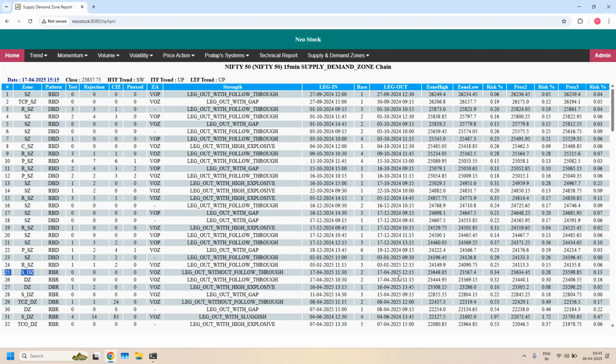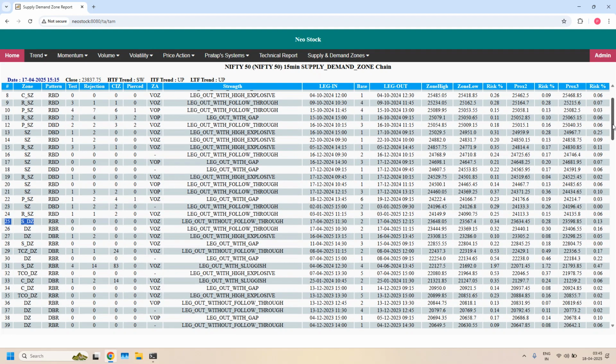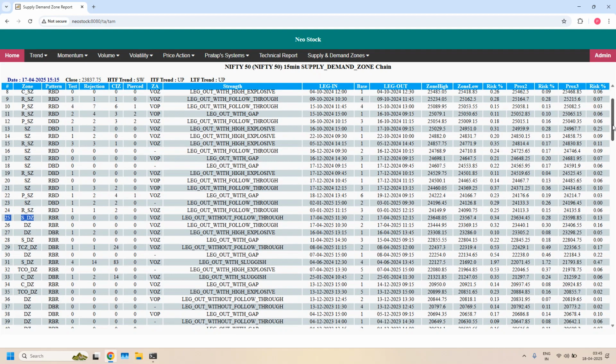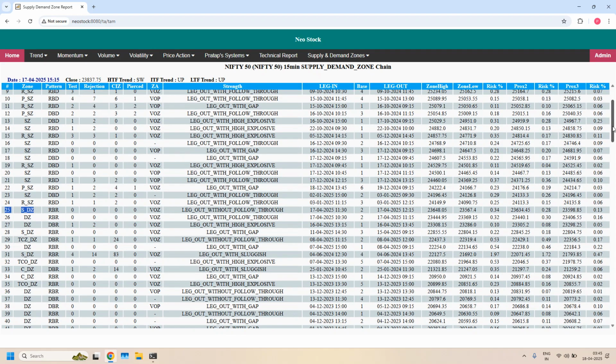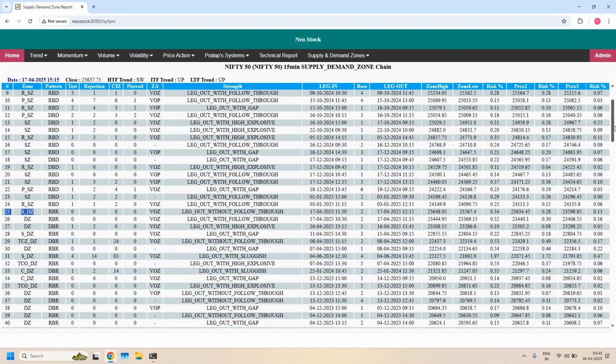So let me put this nearest demand zone in the middle, so that we can access an equal number of demand and supply zones. Okay, this is about the 15 minutes supply demand zone chain.